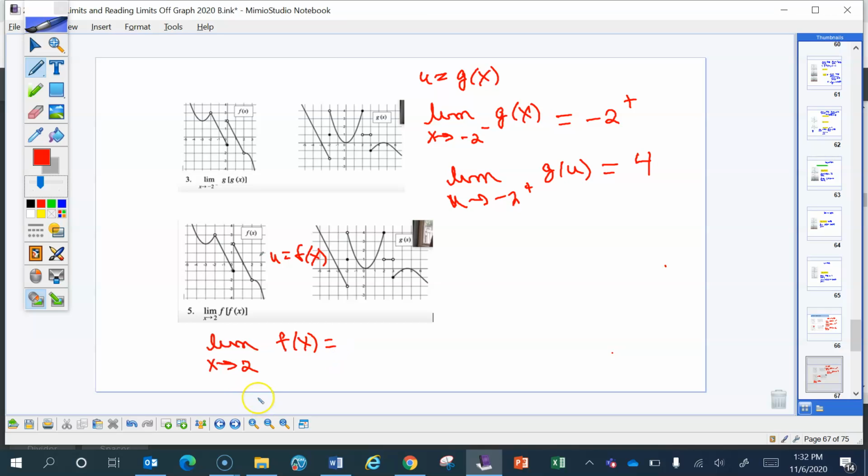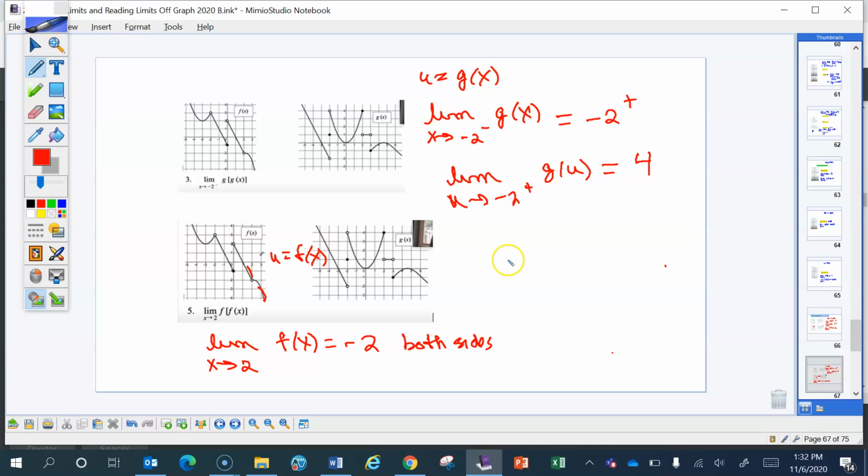Notice one is coming from the bottom of 2 on the right side, and from the left side it's coming from the top of 2, but they're both approaching a value of -2 from both sides. You notice it's approaching 2 from this side and approaching -2 from that side.